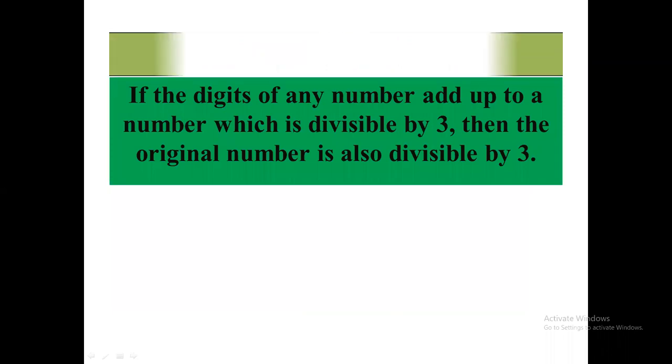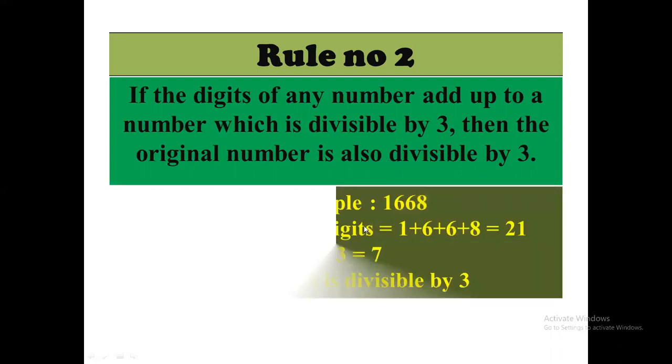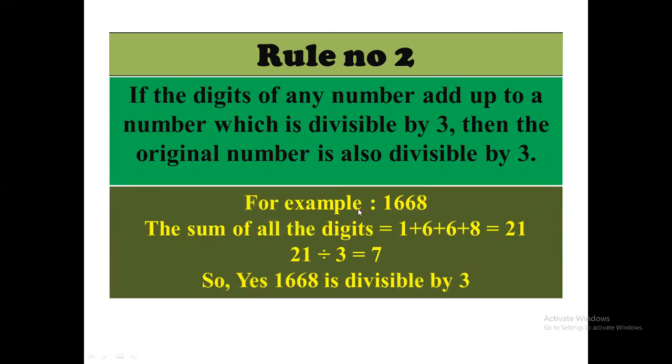Our next rule, rule number 2, is for 3. If the digits of any number add up, that means you have to add all the given digits, to a number which is divisible by 3, then the original number is also divisible by 3. Let me explain you more. For example, I have given you the number 1668.